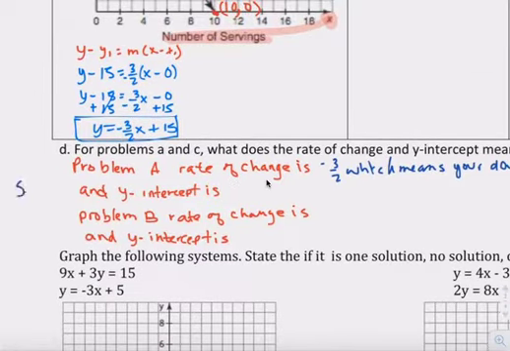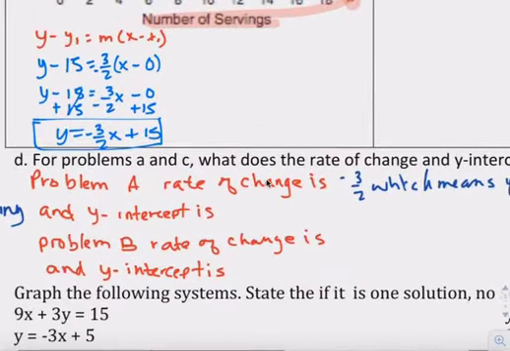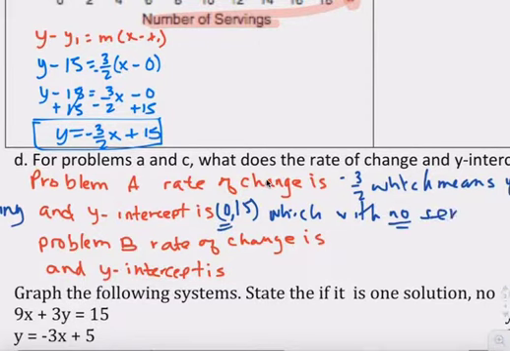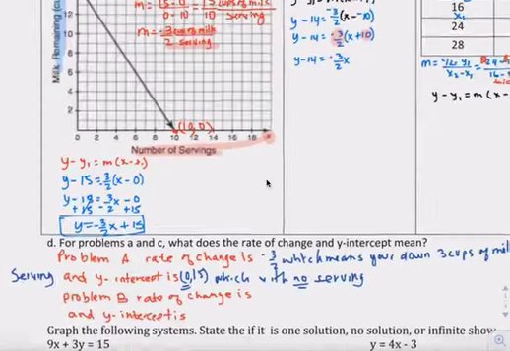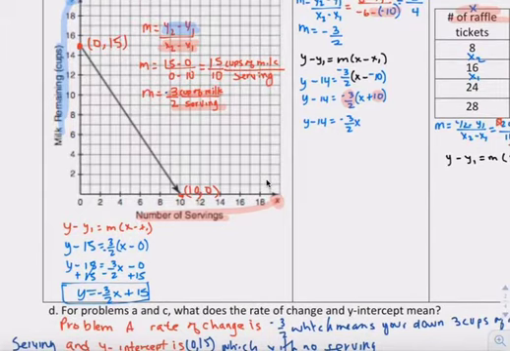And the y-intercept is 15, or 0, 15, which means with no servings, there are 15 cups of milk remaining.